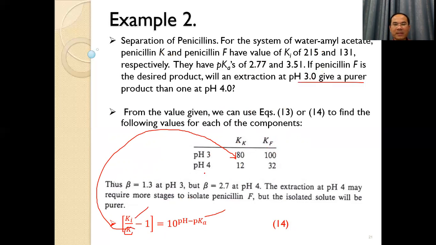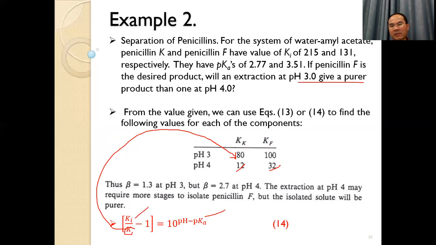And also for pH 4, you substitute it, you get 12 and 32 for penicillin K and penicillin F respectively.